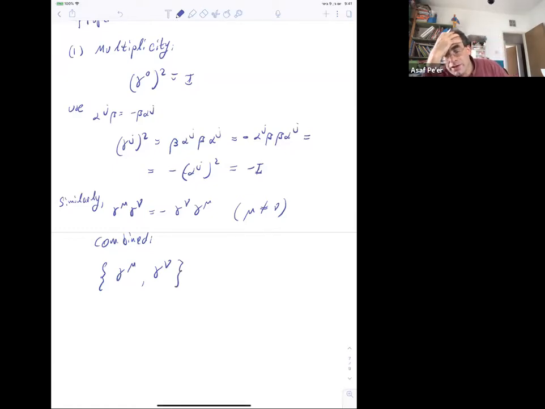Anti-commutation relations are written using curly brackets, the same way as the regular commutation relations are written with square brackets. It's just {gamma mu, gamma nu}. Really compact.